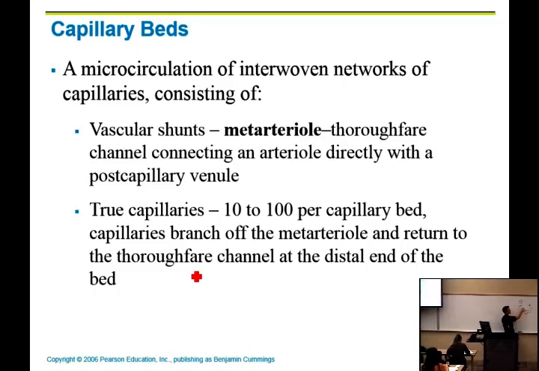Then those same molecules or ions or whatever will exchange across the wall of the capillary and get into and out of the blood compared to the tissue itself. So this is a two-step process of exchange. It has to go across this membrane here, the plasma membrane of the cell in the tissue, and it has to get across this wall here, these cell membranes of the wall of the capillary. So that's something we'll talk about.